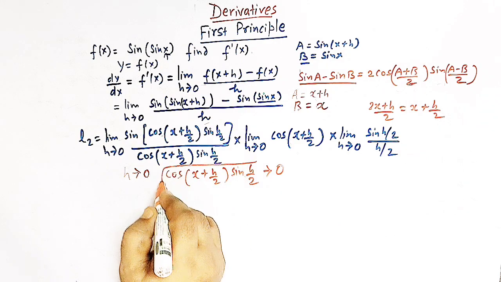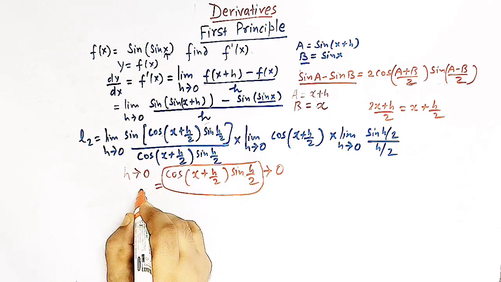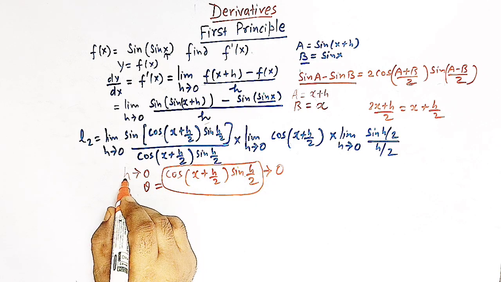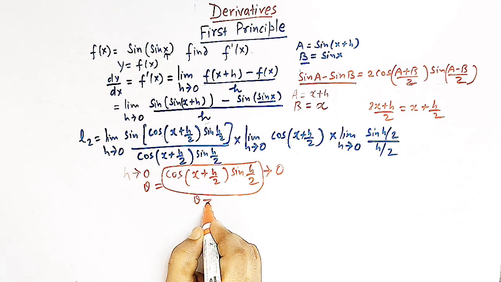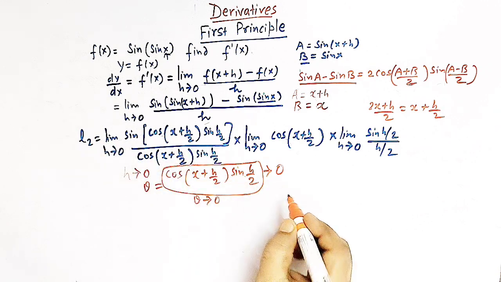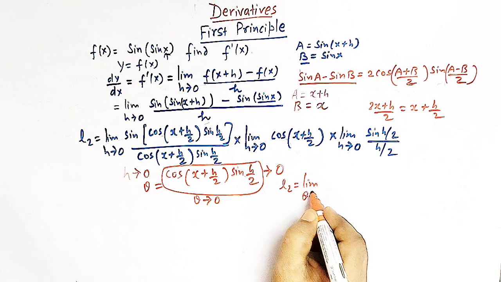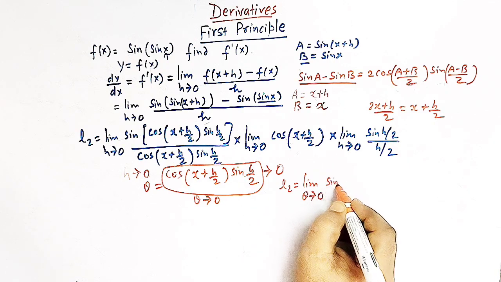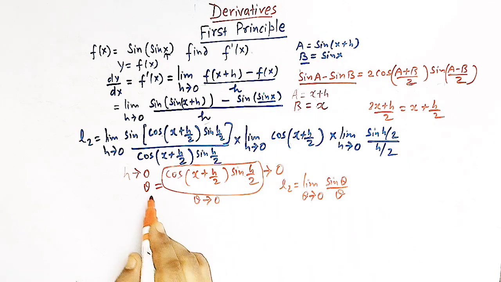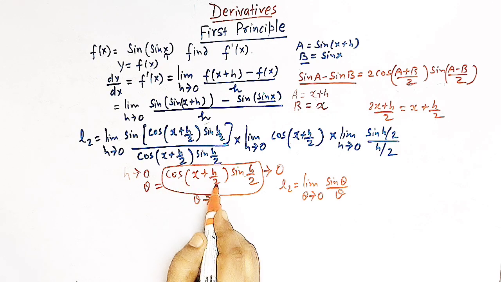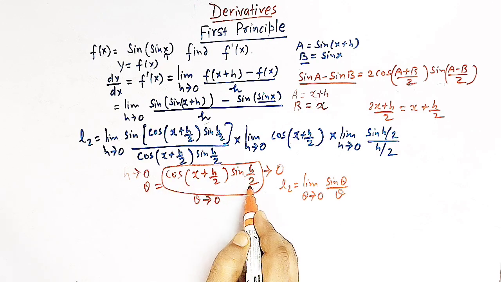If we take this term as theta, then when h tends to 0, theta tends to 0. So this limit is equal to limit theta tends to 0 sine of theta over theta, where theta is cos x plus h over 2 sine h over 2.